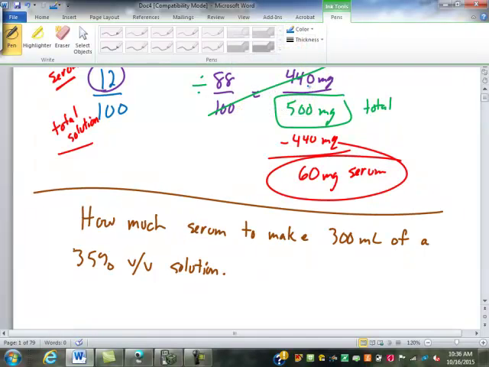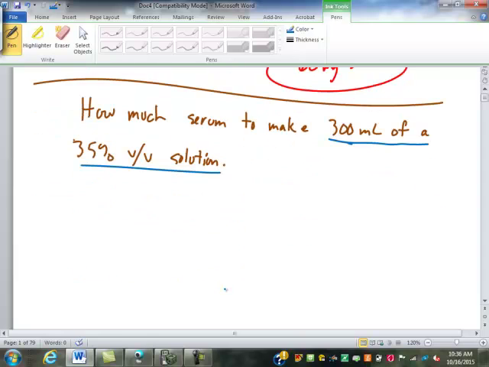Notice in this one, I gave you 300 milliliters of the total solution. Because when we're talking volume in volume or weight in volume, volumes do not necessarily add up, because we talked about the particles hiding between the particles of the other material.